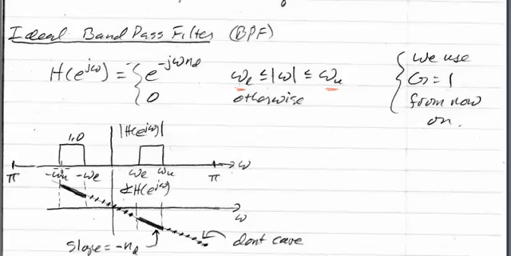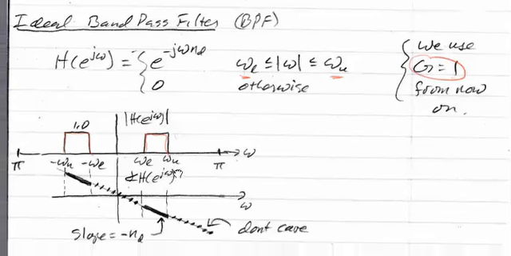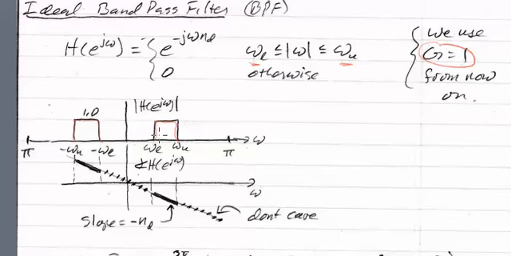So when we graph this out, we see that we've got constant gain whenever the magnitude of the frequency is between omega L and omega U. And we're assuming G is equal to 1 here, okay? So without loss of generality, we're going to say an ideal bandpass filter has this response. Phase response, linear.